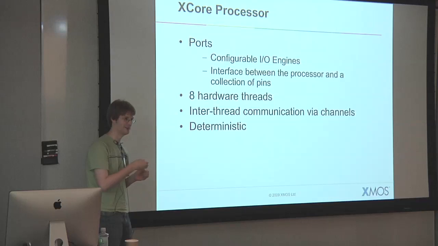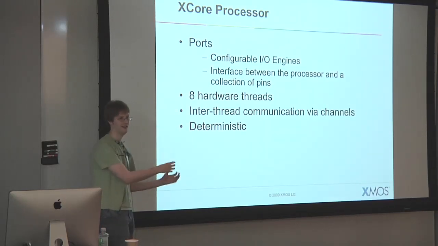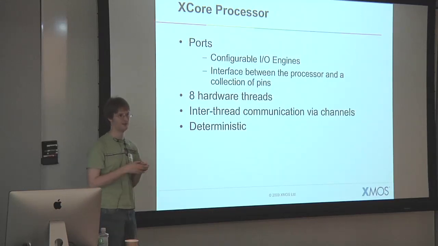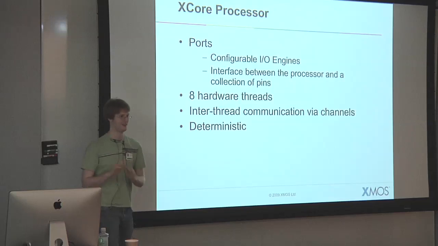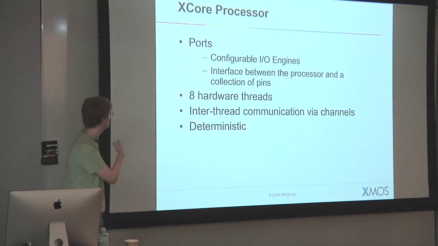Because if you're doing something with a hard real-time requirement, you don't want to have to context switch. So you can dedicate a task to, say, just do Ethernet, get the data in, and then you pass it on to another thread, which maybe does some processing, and passes it on to another thread, which then maybe outputs it somewhere else. So with the threads, you need a way to communicate between them.